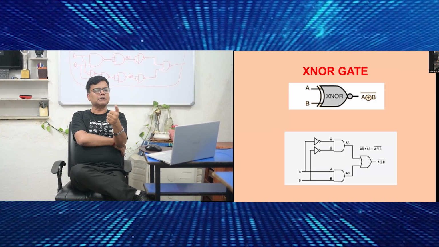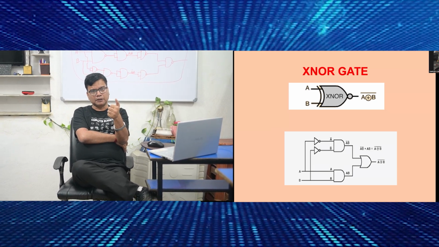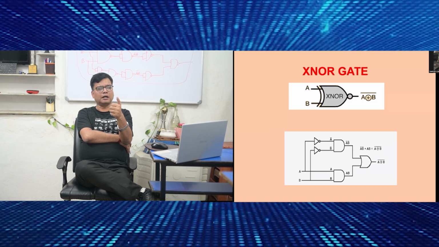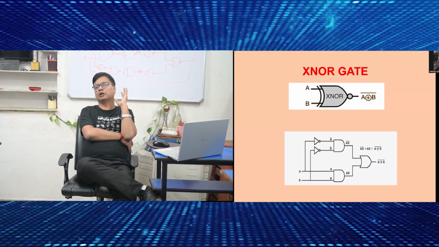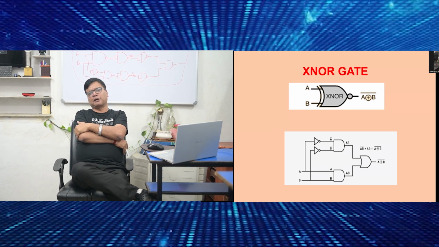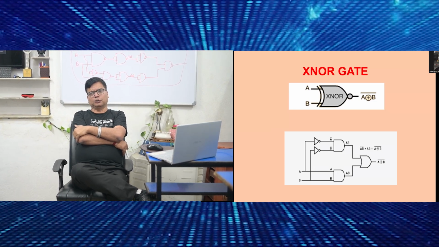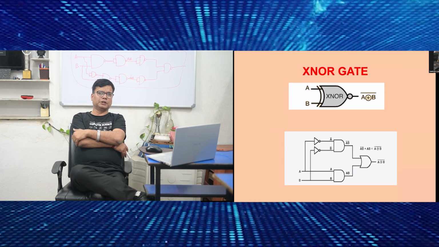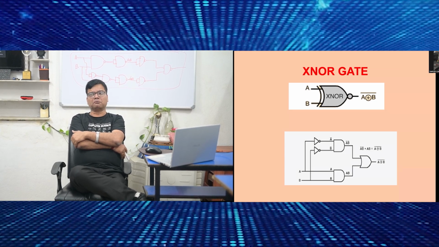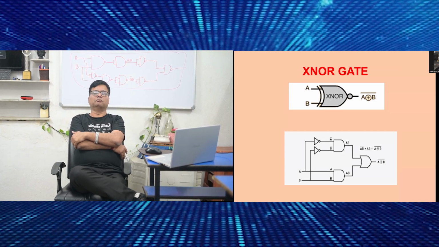This gate gives a high output when an even number of inputs are high. In the XNOR gate, 0 0 will give 1, 0 1 will give 0, 1 0 will give 0, and 1 1 again will give 1.